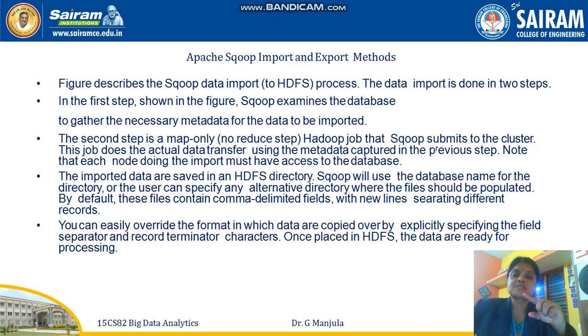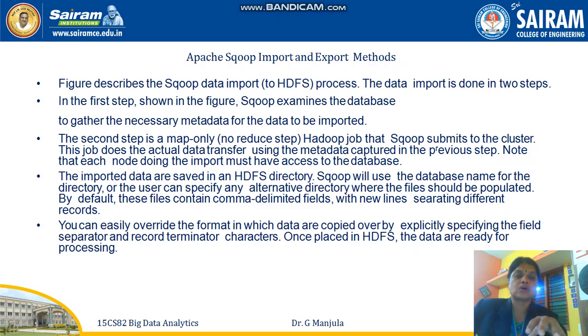The first stage, remember, is that it will examine the database to gather the necessary metadata. The second step is that only map is used, not reduce, so Sqoop submits a job to the cluster. This job does the actual data transfer using the metadata captured in the previous step.